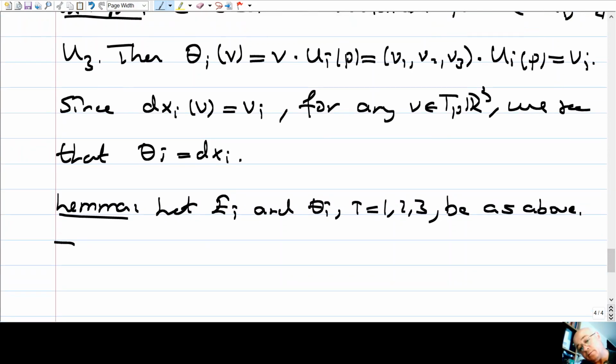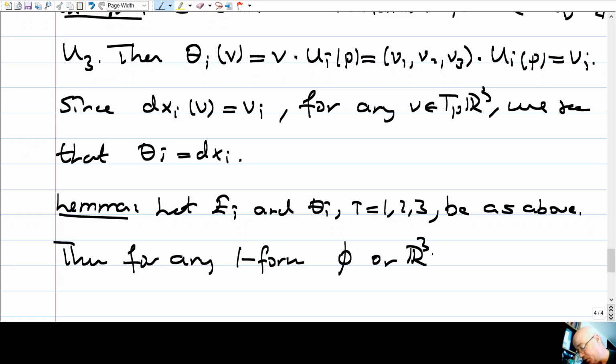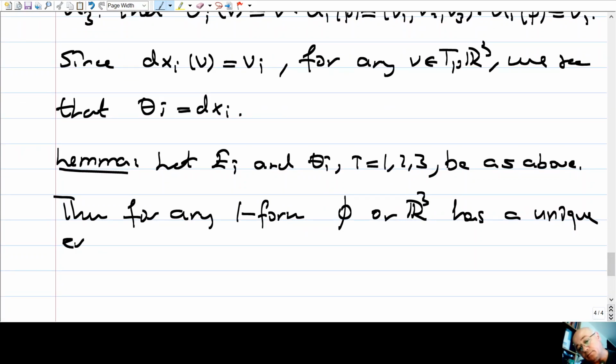Then any one form on R3 has a unique expansion like this.